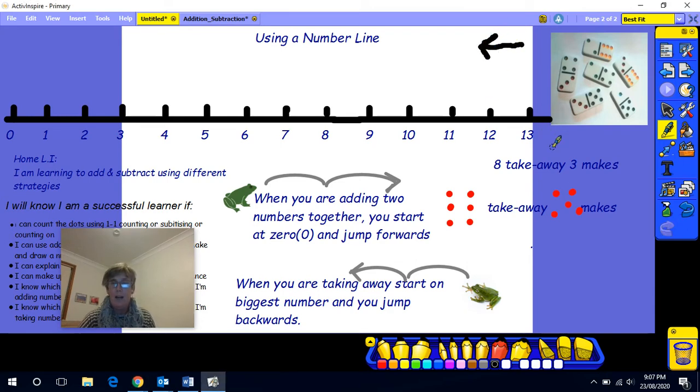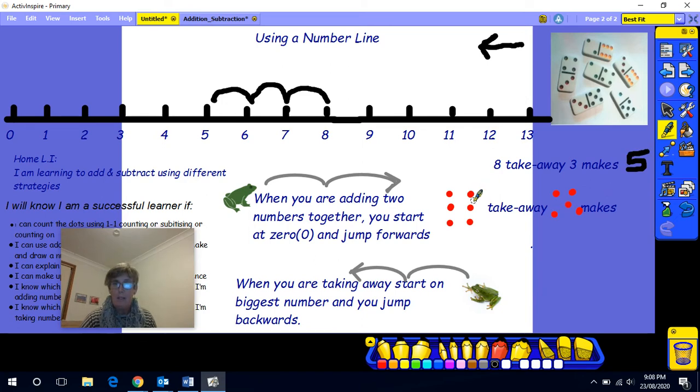So let's try again. These are our number sentences we used before, but they're now take away, subtraction ones. So 8 take away 3. Which is our bigger number, 8 or 3? 8, that's right. So we start on 8 and we have to take away 3. 1, 2, 3, and we land on 5. So 5 is our answer.